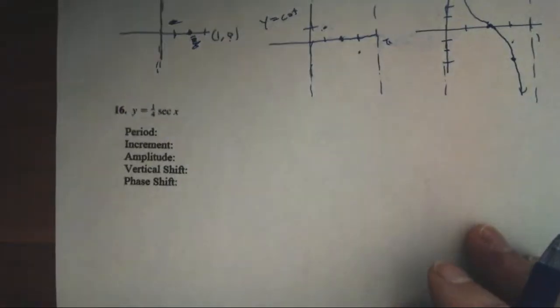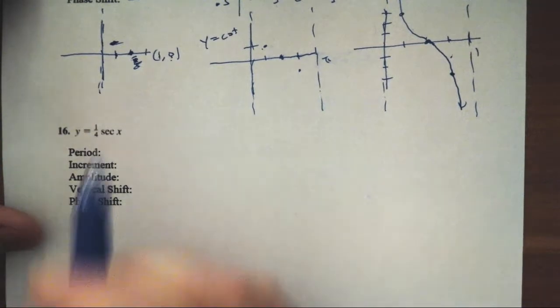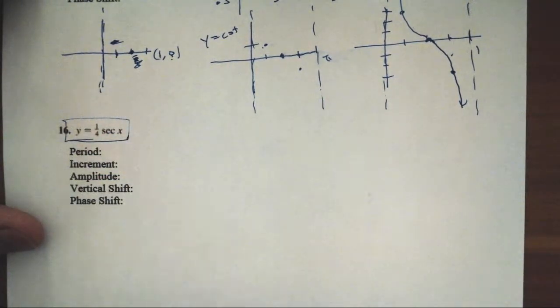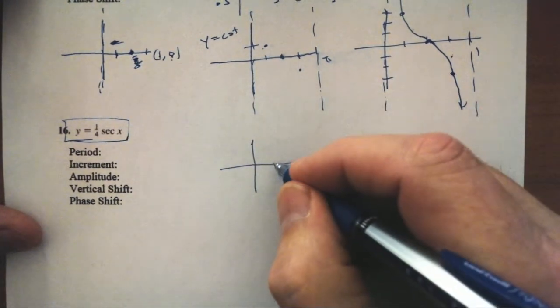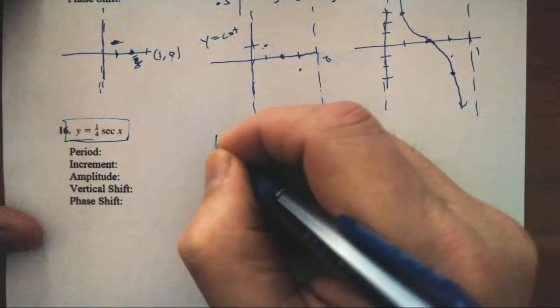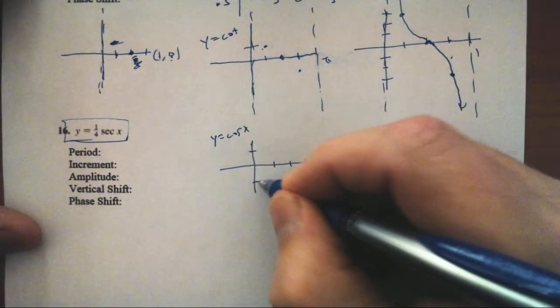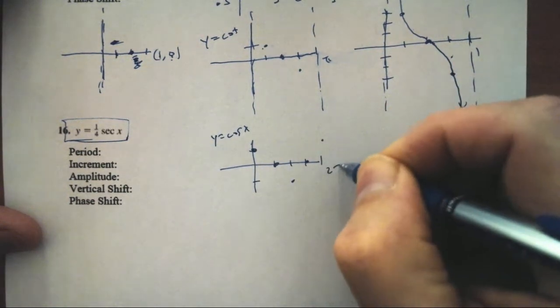Okay, secant. Going to be thinking about cosine. Cosine graph, I think I will do this one just conceptually. I'm going to just think about the cosine graph, and here's cosine, first period of cosine. It looks like this by 2 pi.